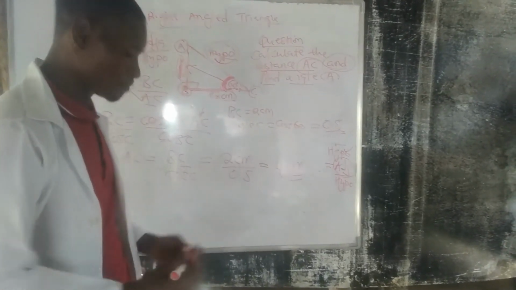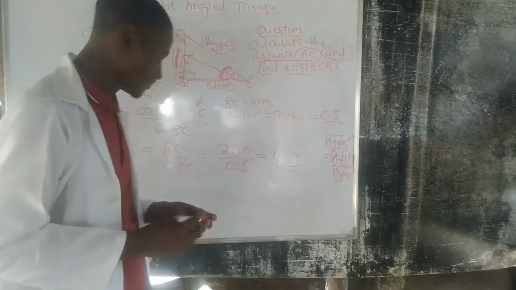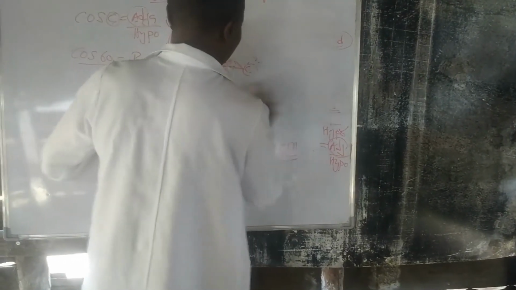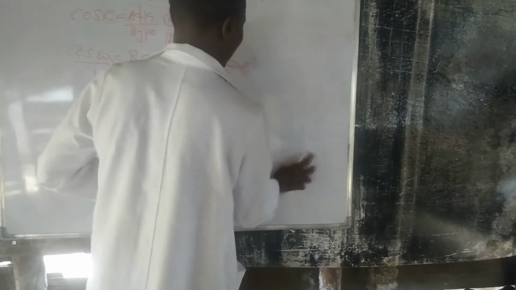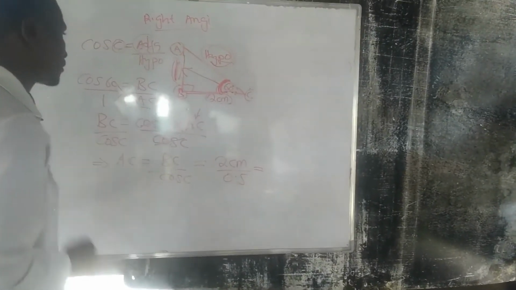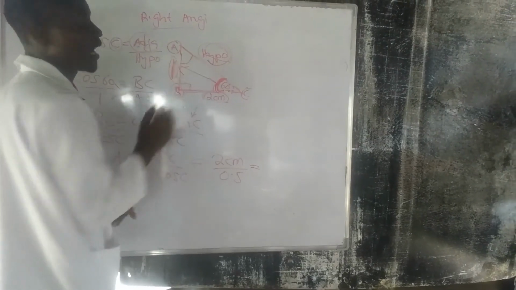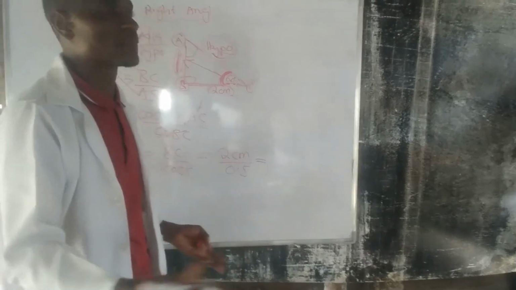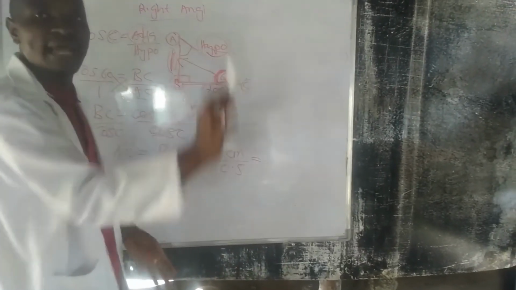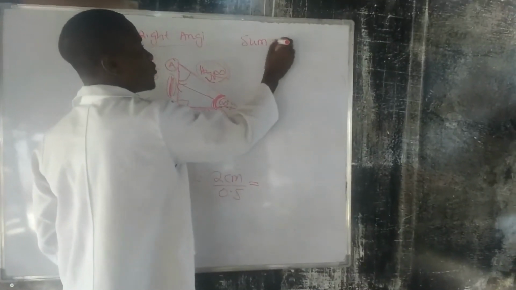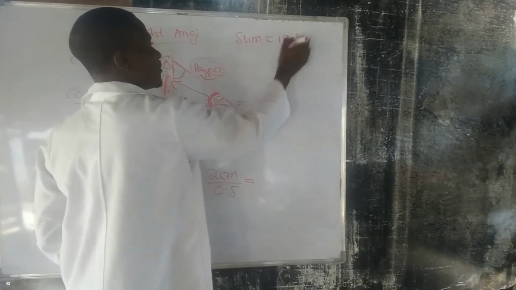Okay, so what is that idea? So the idea is, finding this angle A is as simple as understanding that when you add all the angles in a triangle, they should give you 180.